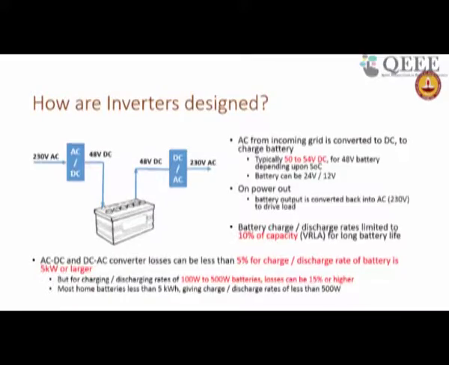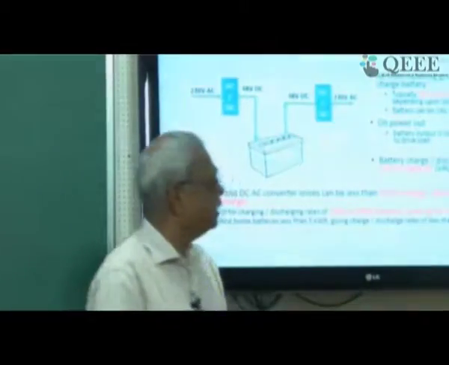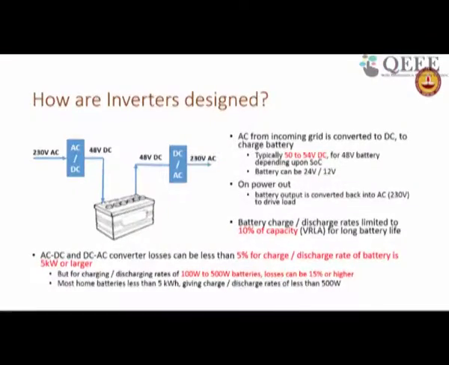If it is 5 kilowatt hour, your charge discharge rate typically should not exceed 10% of that, so about 0.5 kilowatt for a 5 kilowatt hour battery. The reason is, if you charge or discharge faster than that, the life of the battery gets very badly affected. So 10% is very common; you can go to 15%.